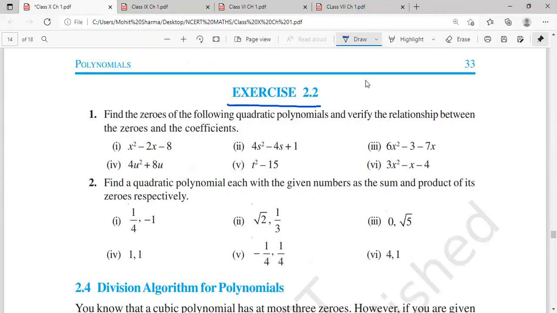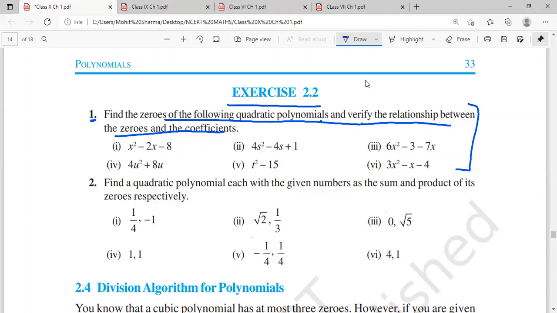It says find the zeros of the following quadratic polynomials and verify the relationship between the zeros and the coefficients. So this first question is the same as we did today, the example which I gave you.